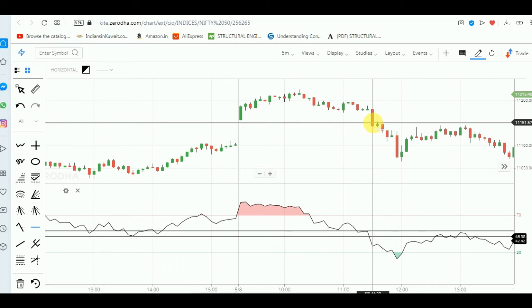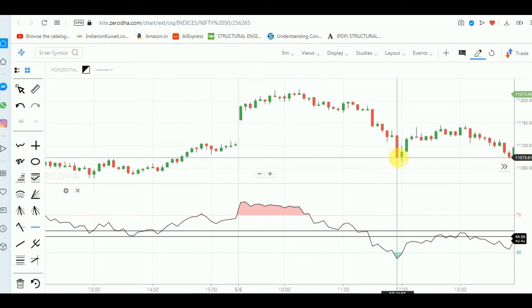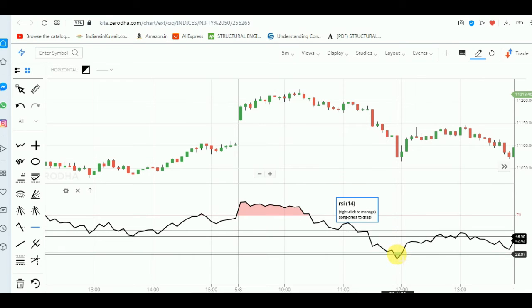Suppose some trader entered at 11,149, then he may close his position at this level, right? Either here, or even if it enters the oversold level, he can come out from his position.